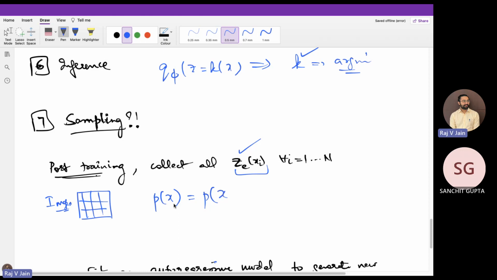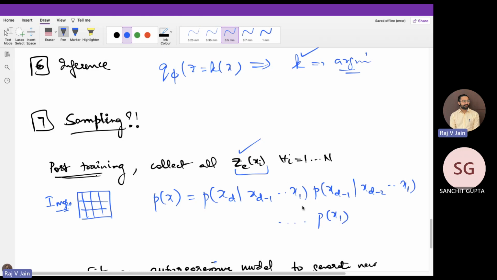Let's say I have d dimensions here. So p of xd given xd minus 1 up till x1, then p of xd minus 1 given xd minus 2 until x1, and so on up till p of x1.